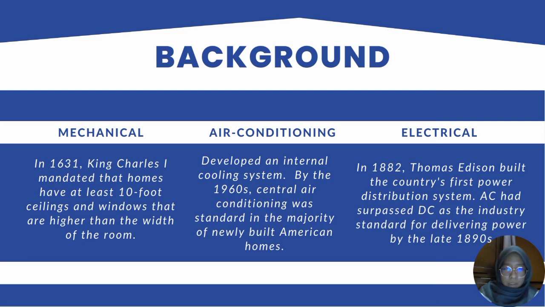By replacing the practice of burning candles and lamps, Edison's distribution system increased the quality, safety, and cleanliness of illumination. AC had surpassed DC as the industry standard for delivering power by the late 1890s. Because of AC power technology, power companies could deliver both high voltage power and low voltage power to consumers.